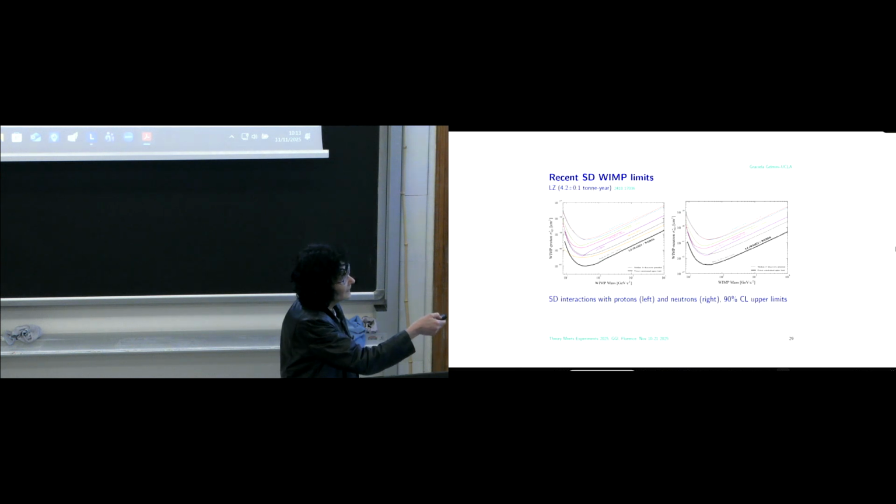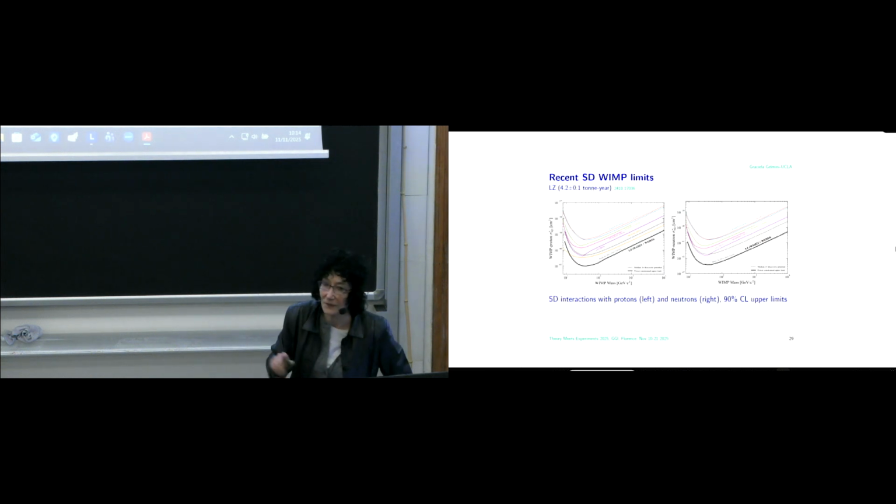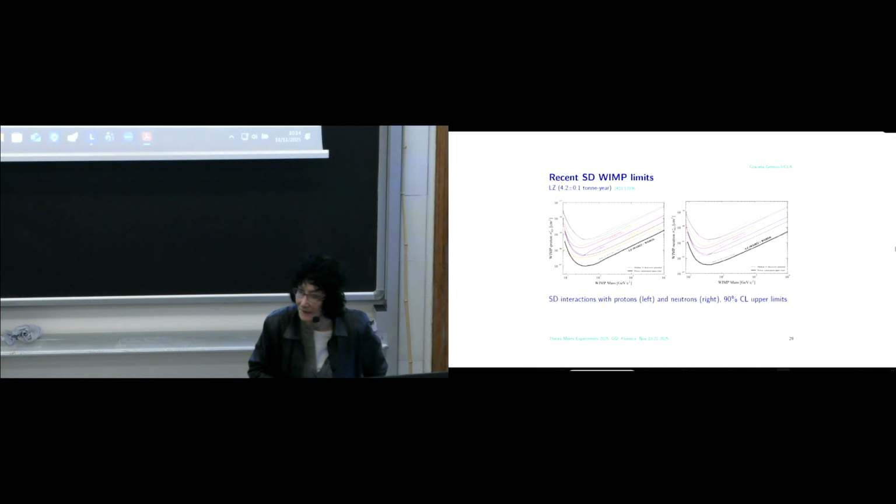You see that here the value of the cross section is different, 10 to the minus 43, 42, and so on. This is 10 to the minus 40. This is for interaction with protons, this is for interaction with neutrons. And in this analysis, you take one of the AP or AN equal to 0 and analyze only the other one. Okay.